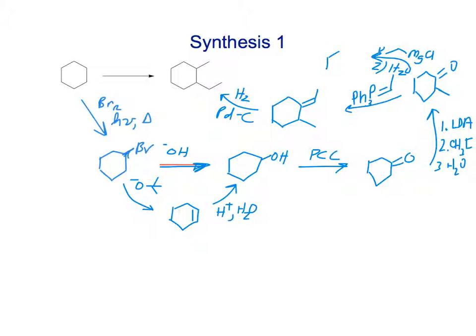Okay, so that is going to give us an alcohol. Okay, so we just added an ethyl group to that position, and we have a methyl group over here. Okay, so then the next thing would be to do a dehydration.